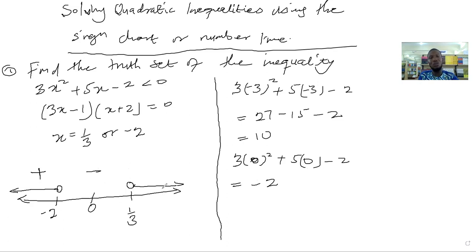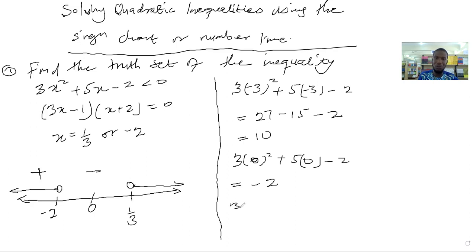Now let's choose one value in the range of all numbers greater than 1/3. Again, remember 1/3 is 0.33333. So 0.5 is there, but I would like to use a whole number. We can choose 1, 2, 3, 5, any number greater than 0.3. I will choose 1 for easier calculation.